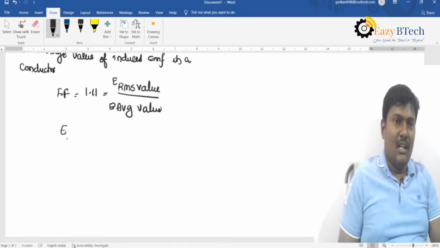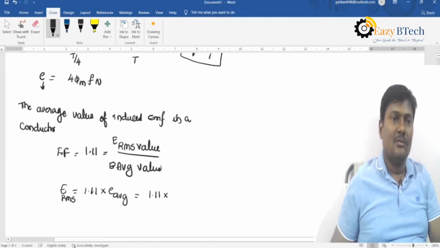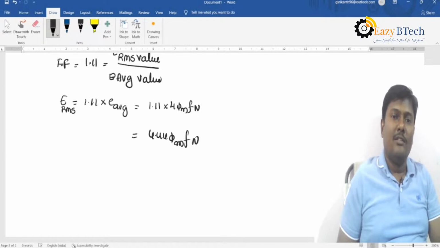Then E RMS is equal to 1.11 into E average, that is equal to 1.11 into 4 into phi m into f into N. So finally I got it as 4.44 into phi m into f into N.